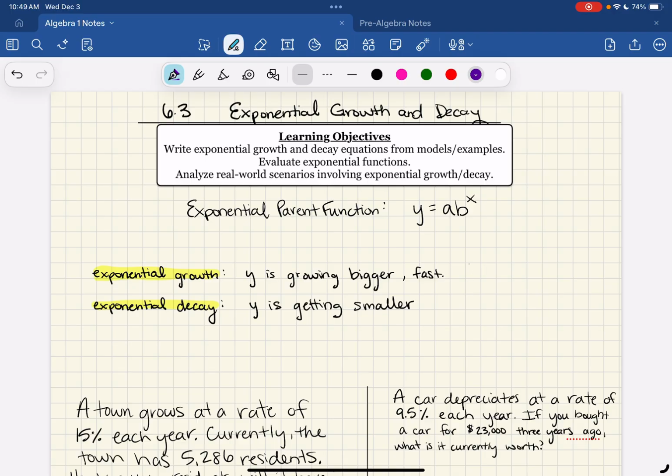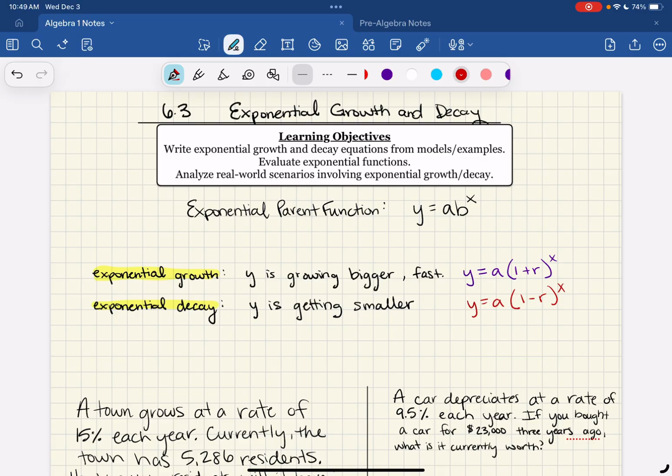So exponential growth is going to be y equals a times 1 plus r to the x power. And decay is going to be, let's do this in red because we're getting smaller, y equals a times 1 minus r to the x power.